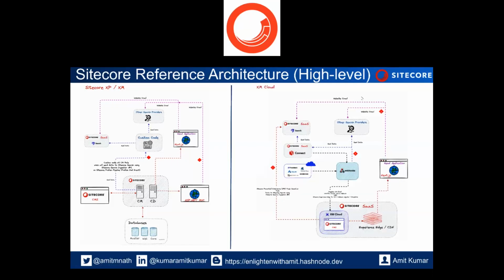When you are moving to Sitecore XM Cloud, as I said, you need to use the webhook to push data, and you can also utilize Sitecore Connect to send data directly to your Sitecore Search.